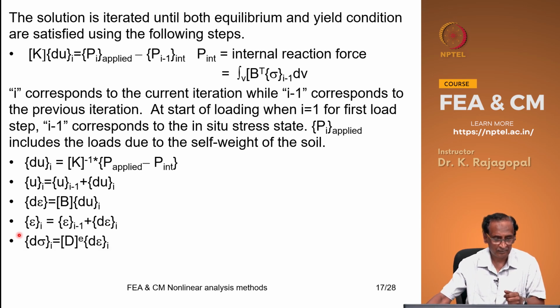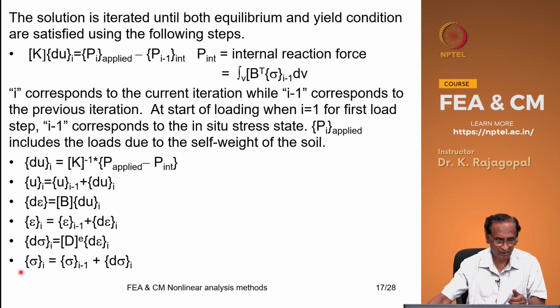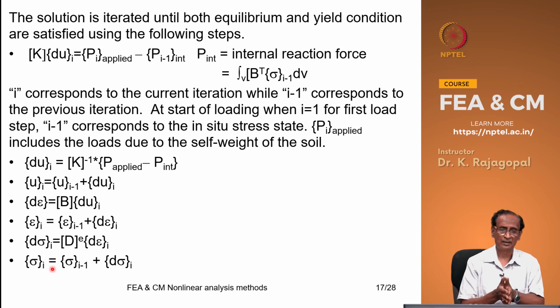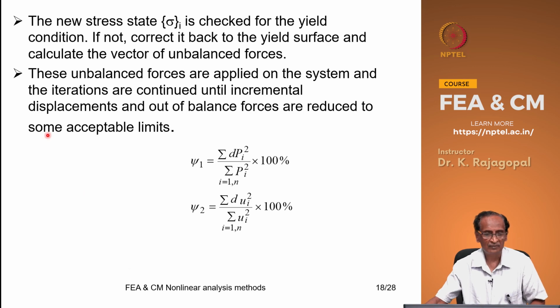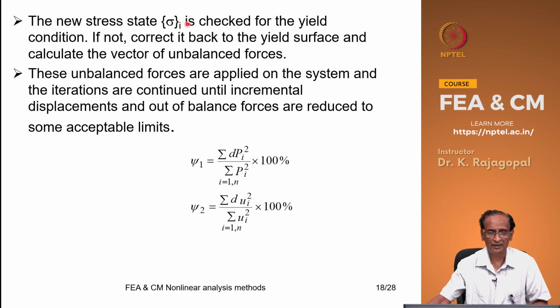The incremental stress d sigma is D elastic multiplied by d epsilon, and sigma_i, the stress at the end of this iteration, is the stress in the previous iteration sigma_(i-1) plus the stress increment d sigma_i that is produced in this iteration.